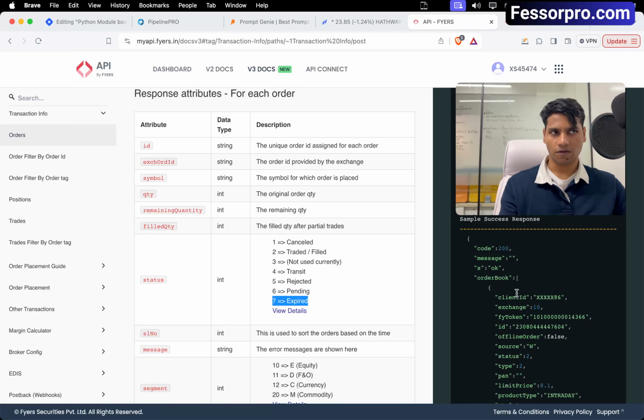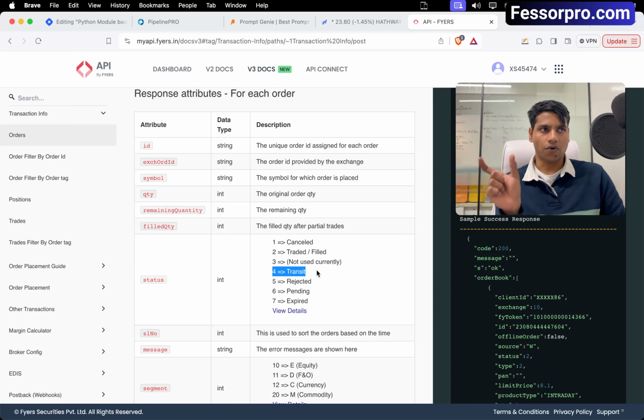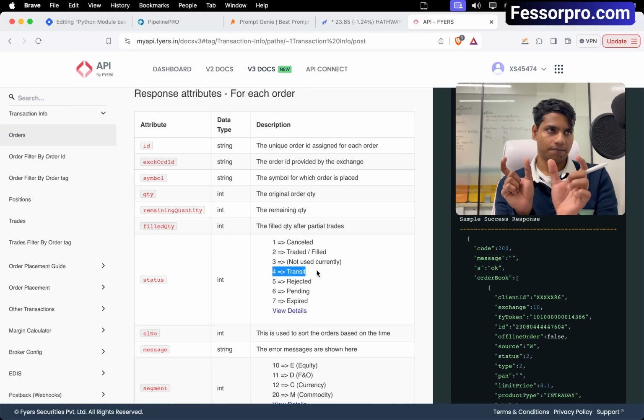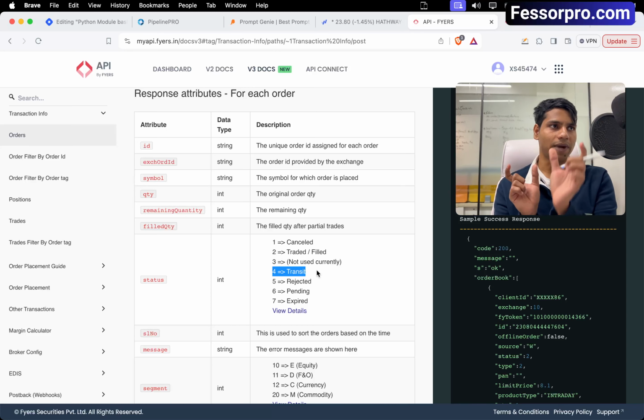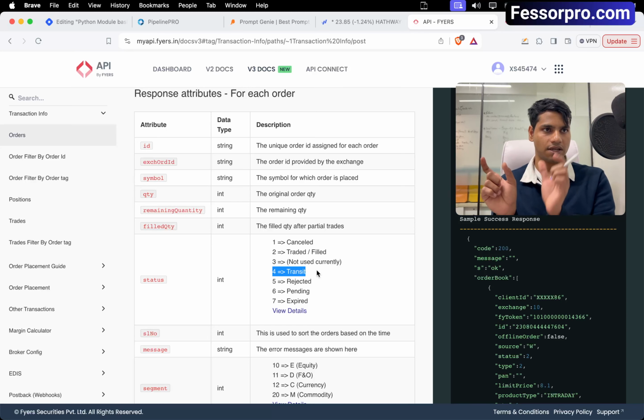Okay, let me explain you all of them one by one. So when you place an order, your order goes into transit. Okay, this is the first status. First it will be 4. Okay, after 4 it will be pending. It means that your order was sent to the exchange. Now exchange has received your order. So it means it's a pending order now. First it is transit, then it is pending.